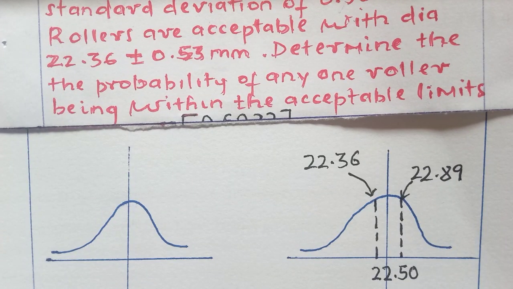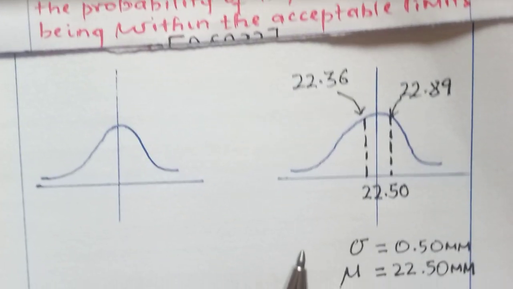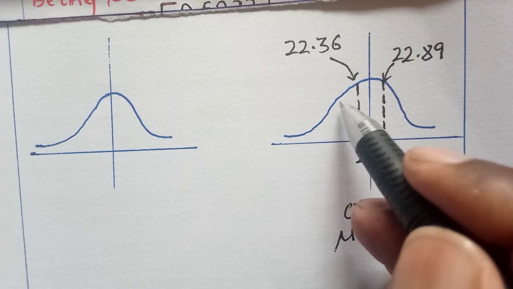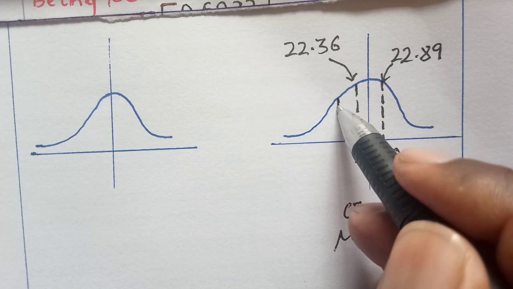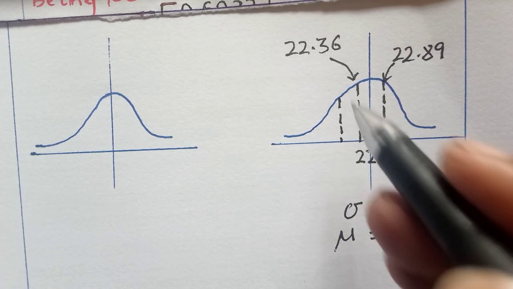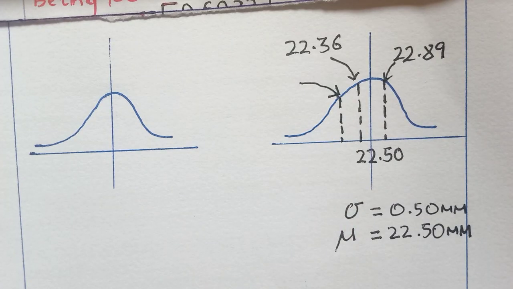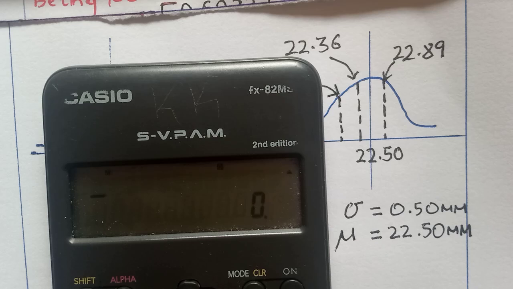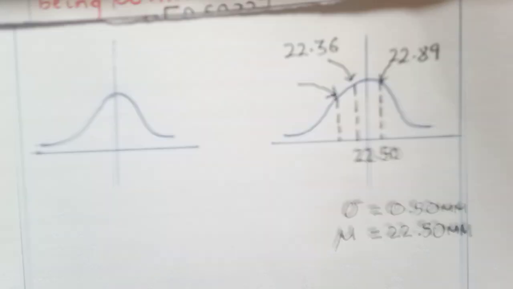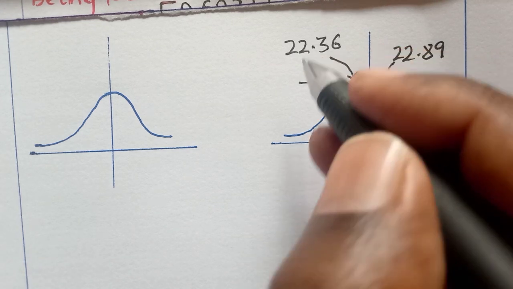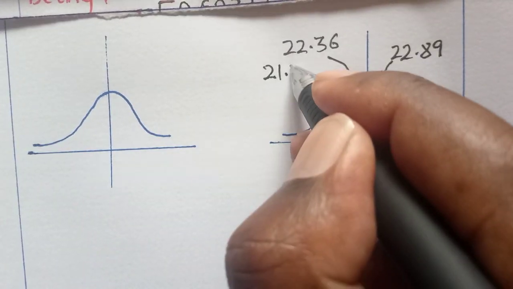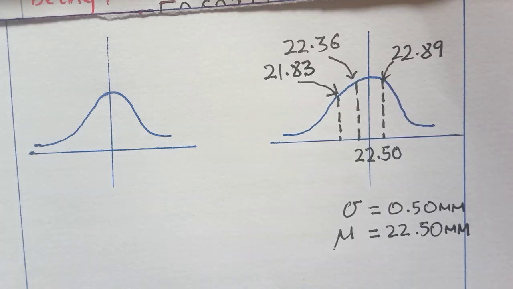Then let's go to negative or minus 0.53. This one is going to be somewhere here. So let's calculate that. This one is 22.36 minus 0.53, which comes to 21.83.